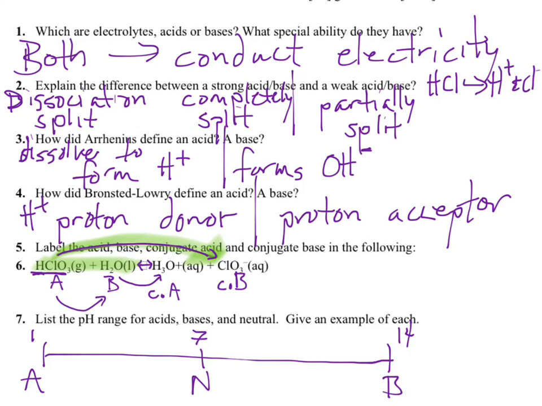Now examples of each. For acid, we could do something like hydrochloric. For bases, we could do something like sodium hydroxide. For neutral, we would do water, H2O. So that's going to be 7. And then if you wanted some in between, remember things like baking soda and soap are bases.